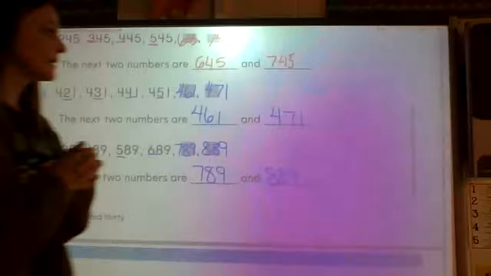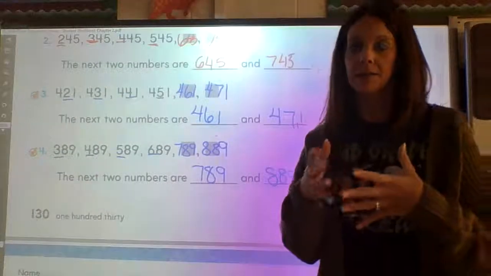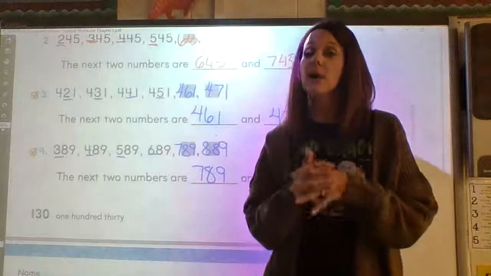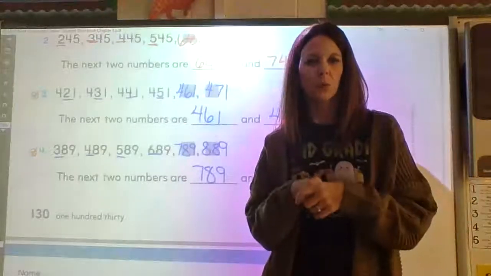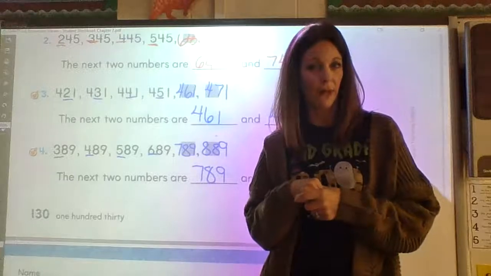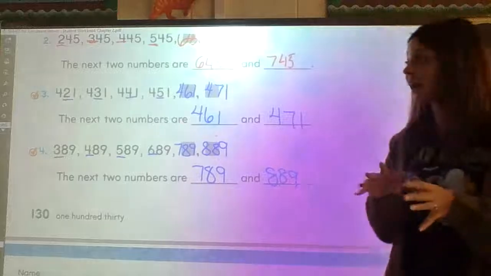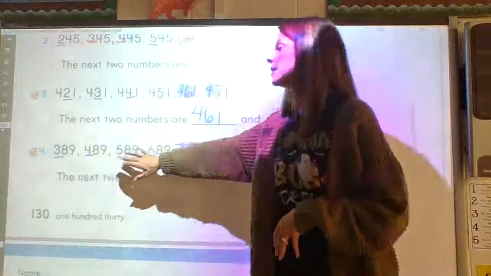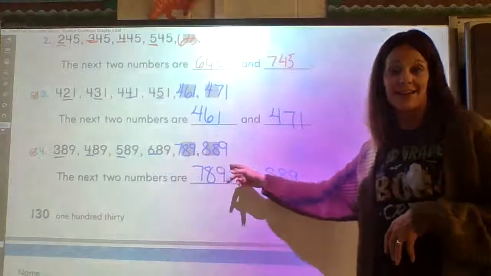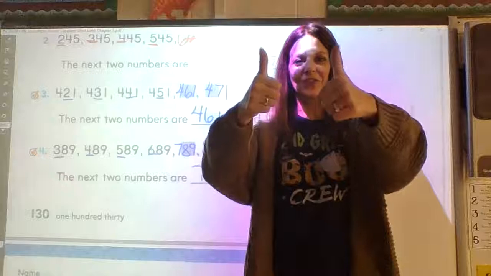So friends, let's stop and think. Today we talked about extending number patterns. I want you to take a moment and think about how place value helps us extend our number patterns. If you had the idea that it helps us identify what's changing in order to add on by thinking in ones, tens, hundreds, then you're correct.